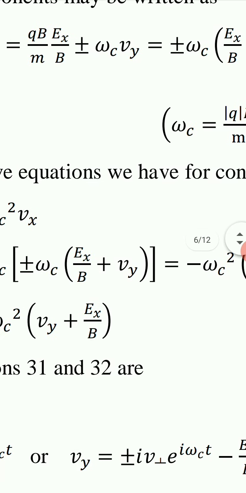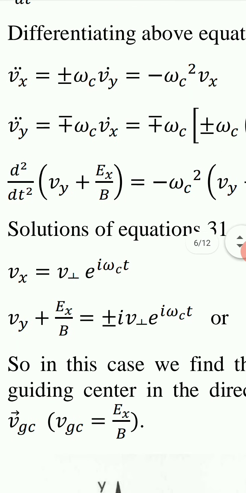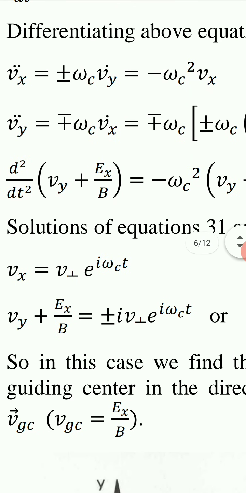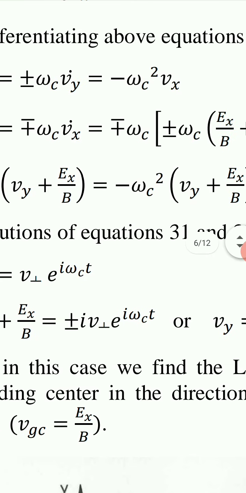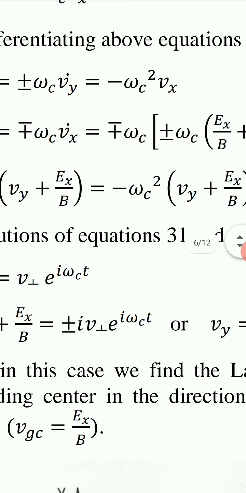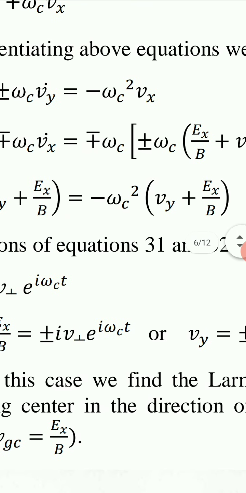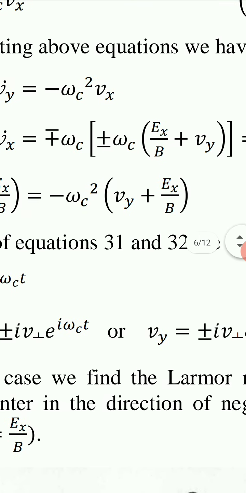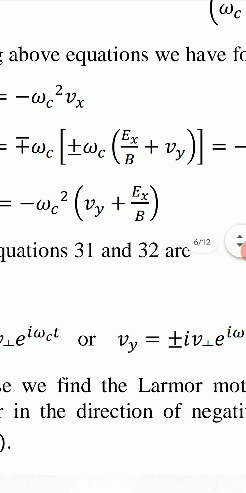Put this value here, we get Vy double dot, that is minus plus omega c Vx dot, and if we put the value of Vx dot, we get minus plus omega c, and this is the value of Vx dot, that is plus minus omega c into Ex upon B plus Vy.